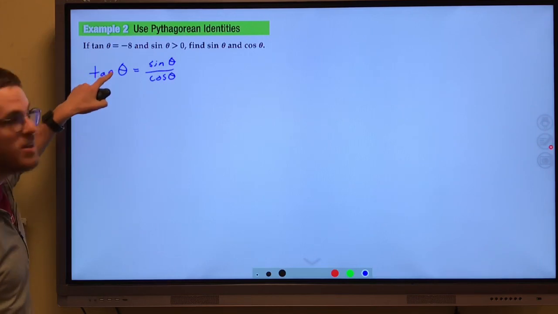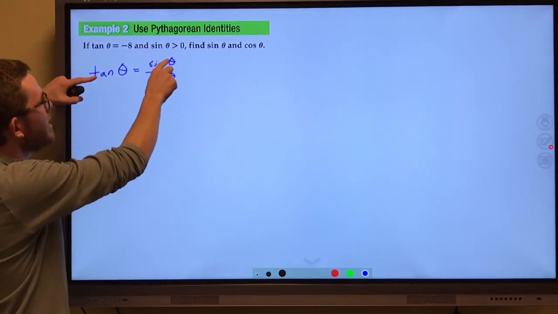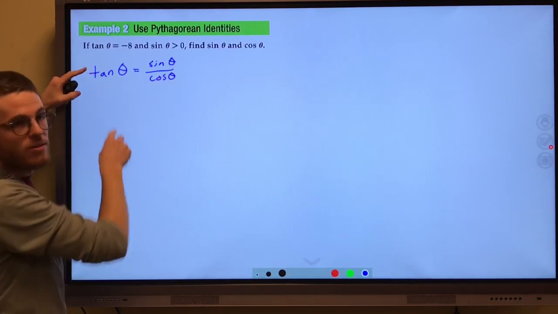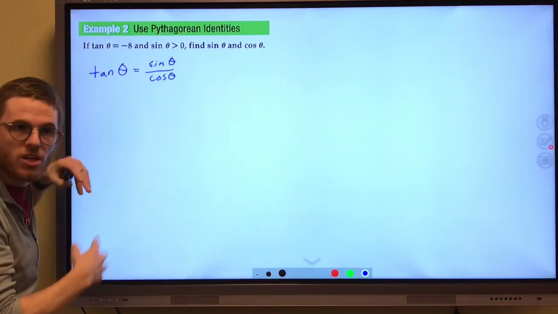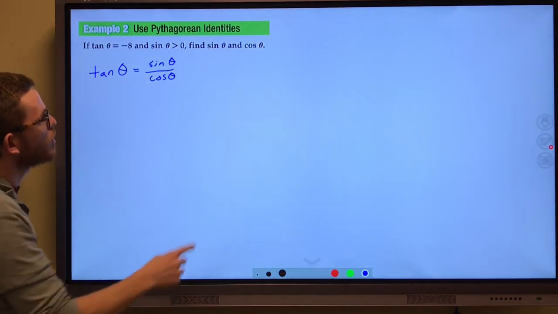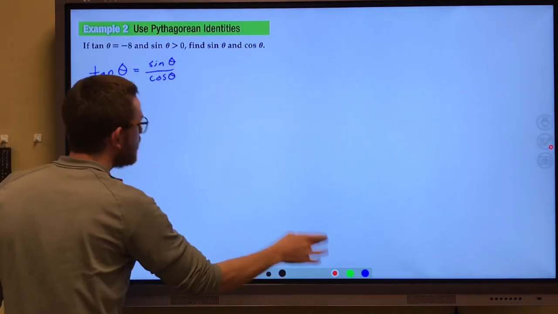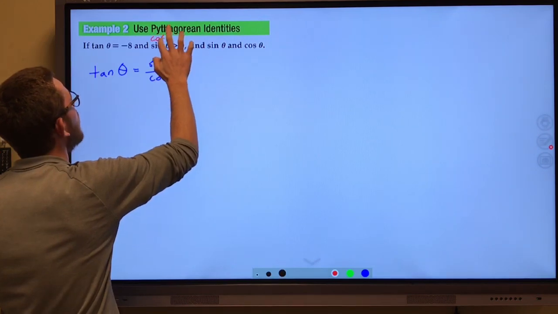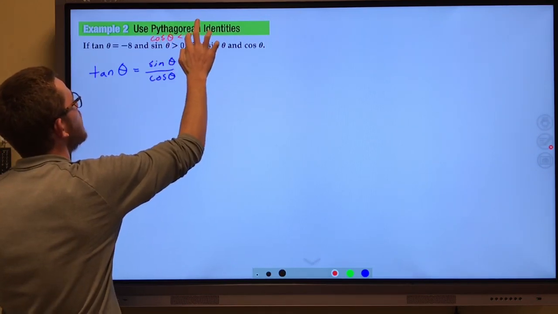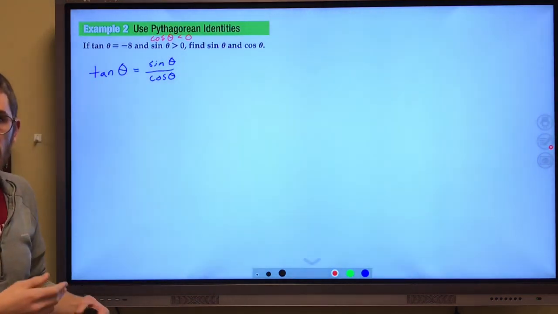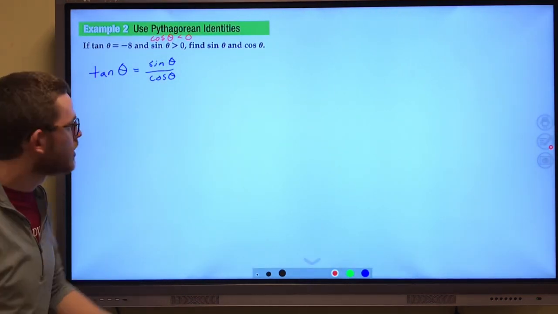If tangent happens to be negative and sine has to be positive, well, a positive divided by a negative gives us a negative. So cosine is going to have to be negative, less than 0. When we get these answers, that's certainly going to help us.